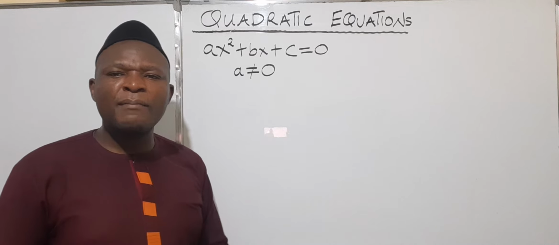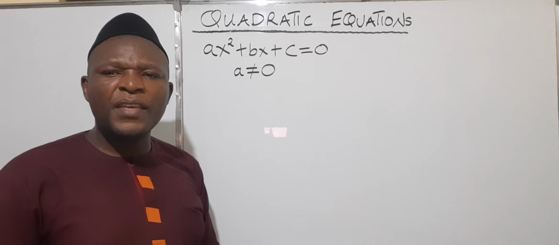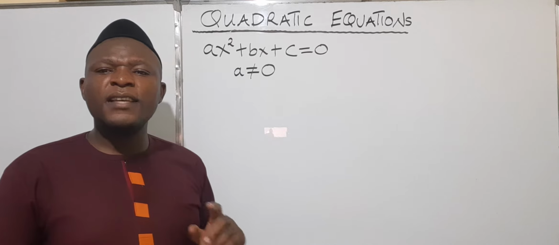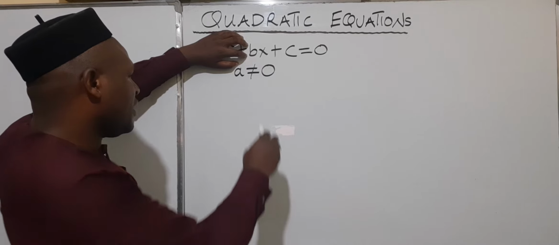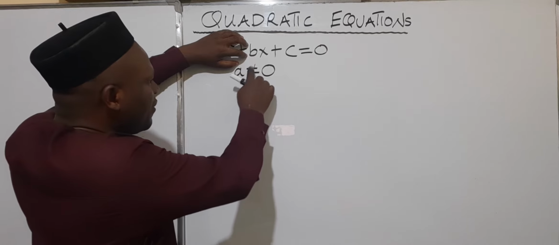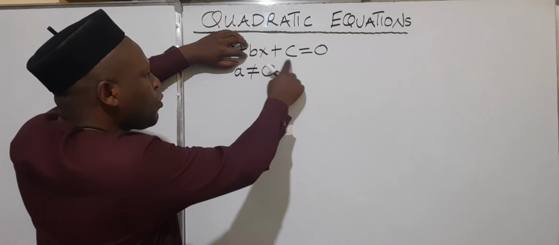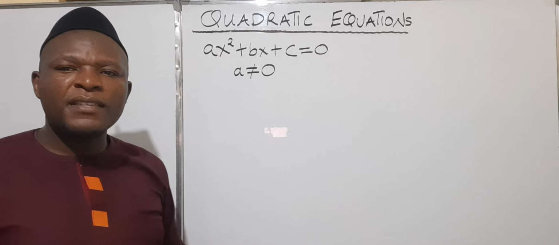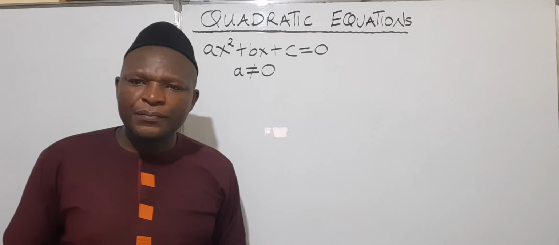Remember, any number that you multiply by a 0, the product that you get is a 0. It means, therefore, that this will cease to be a quadratic equation. Instead, it's going to be called a linear equation. That is why I'm emphasizing that a should not be equal to 0.